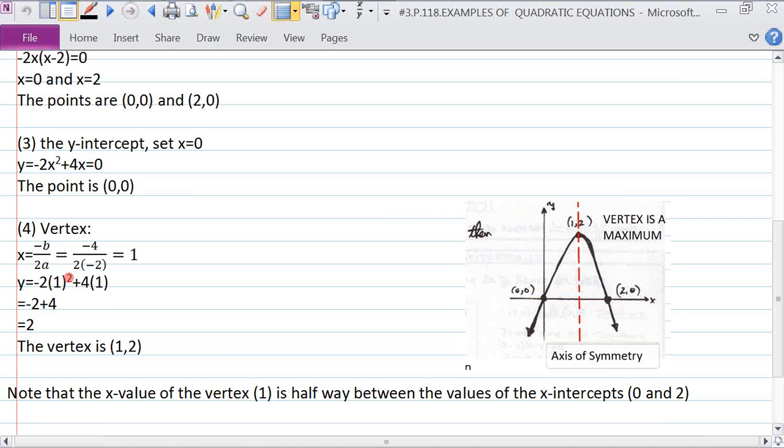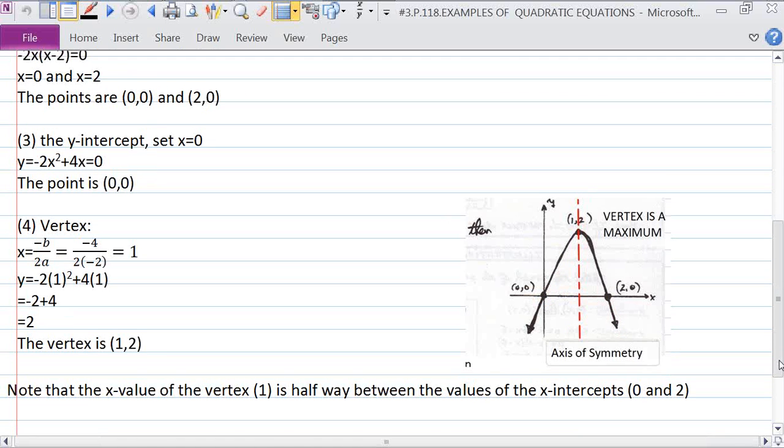We get minus 2 here plus 4, because if x is equal to 1, 1 squared is 1, so we get minus 2 for this term plus 4, and y is equal to 2. So the vertex is 1, 2, which is this point right here. So if we connect this to this to this, we get the shape of the graph.